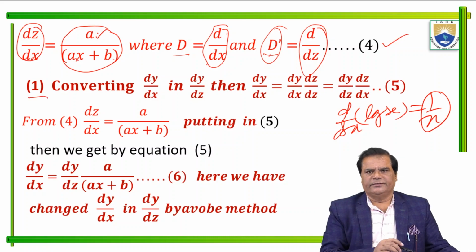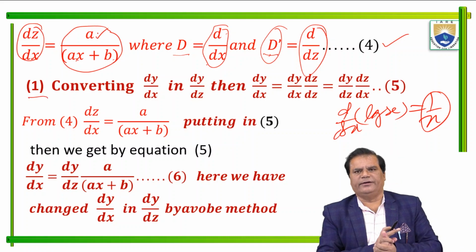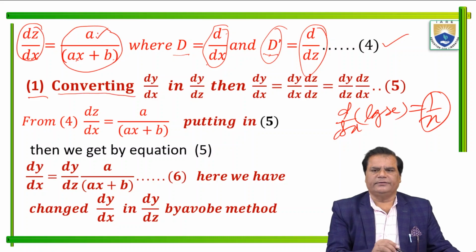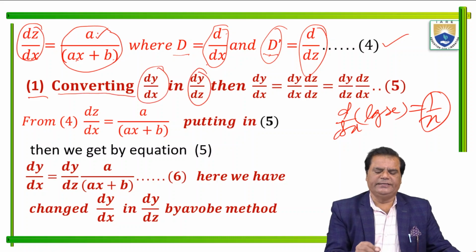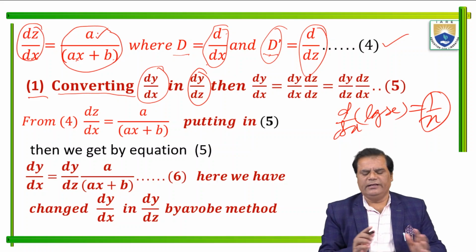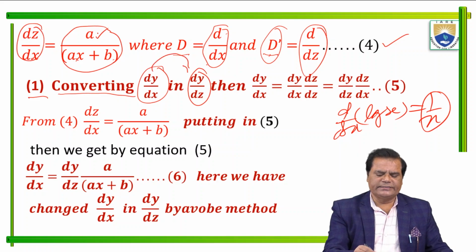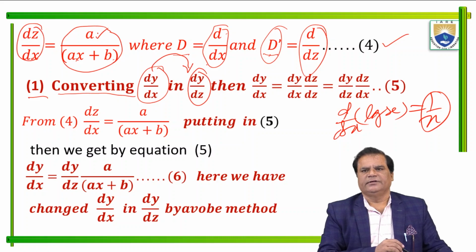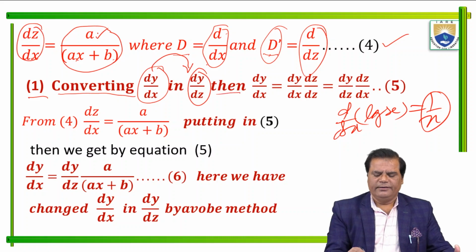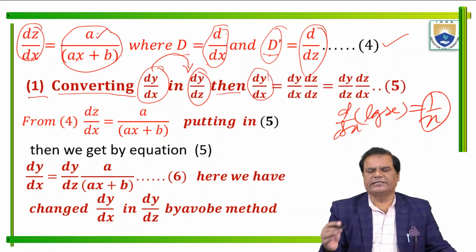Now the first point we have considered is changing dy dx into dy dz. How can we change it? dy dx means the differential of y with respect to x.